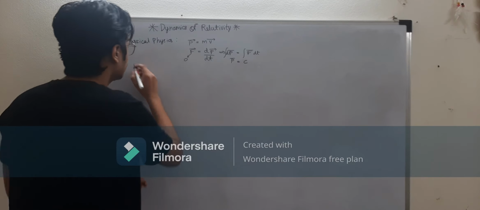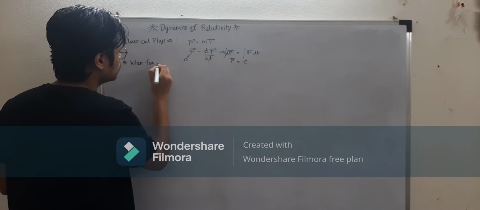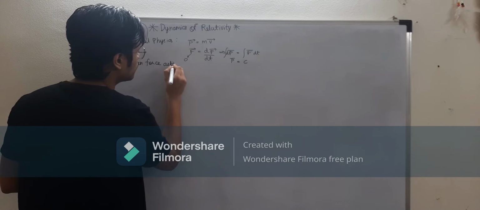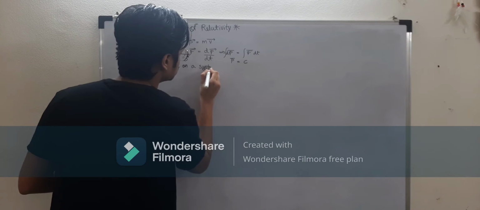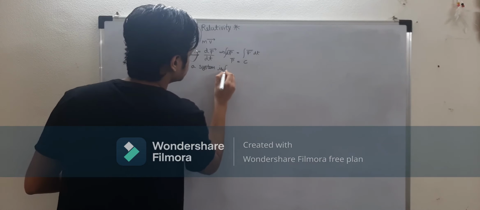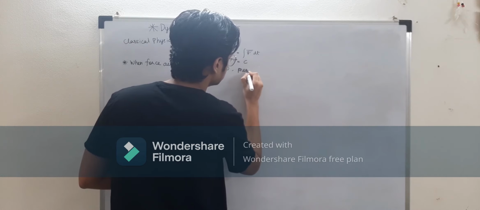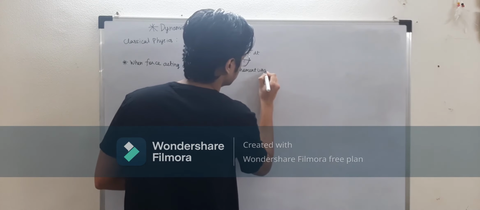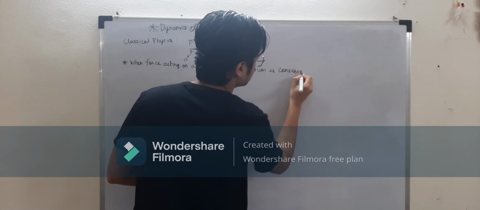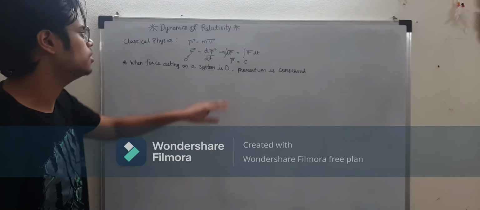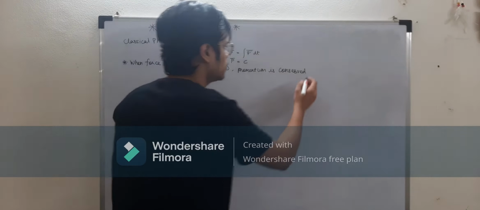So that means when the force acting on a system is 0, momentum is conserved. What do I mean by conserved? The initial momentum will be equal to the final momentum, right? So it will be a conserved quantity.